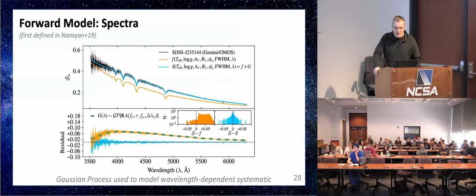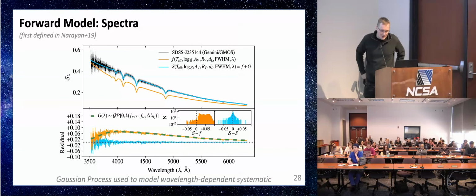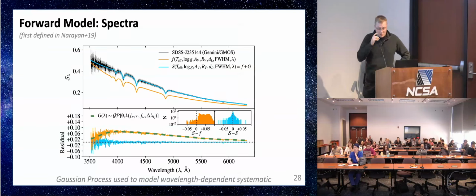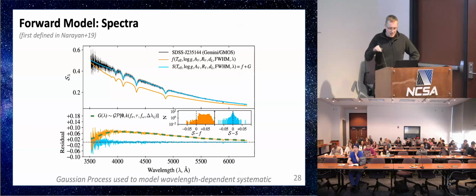So after you've done that smoothing, you should get something that looks like this orange line. As you can see, there's still a difference between this orange line and the observed spectrum. And this is what you can think of as a wavelength-dependent systematic. And this is, again, an instrumental effect, or it could be something like the atmosphere. But it's a nuisance function that you need to infer.